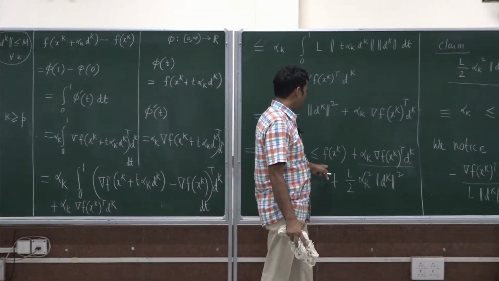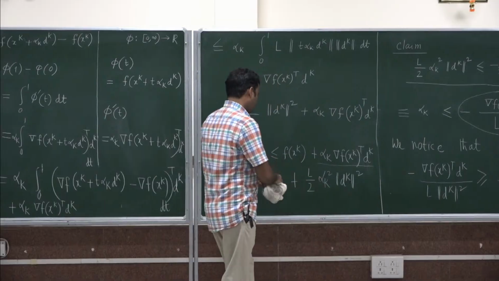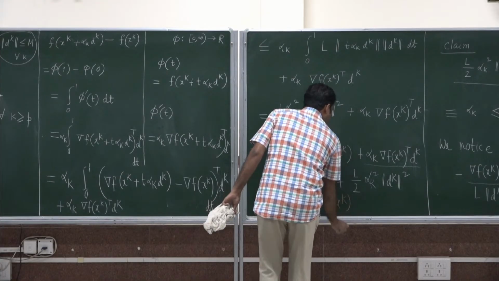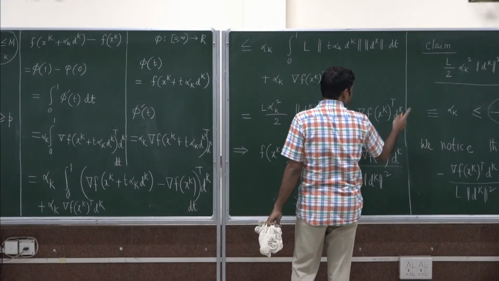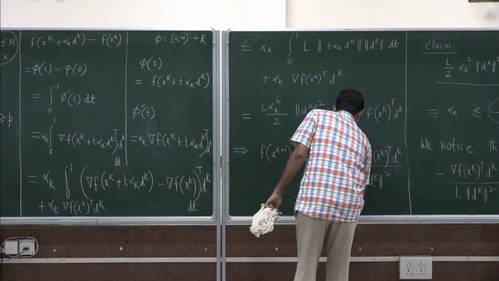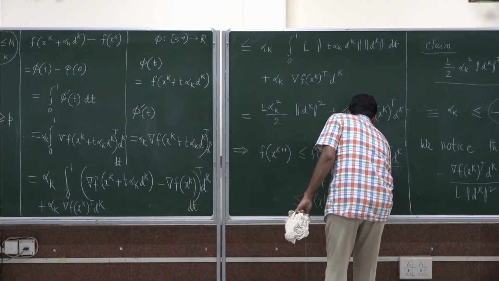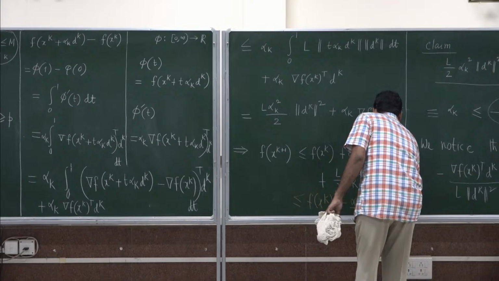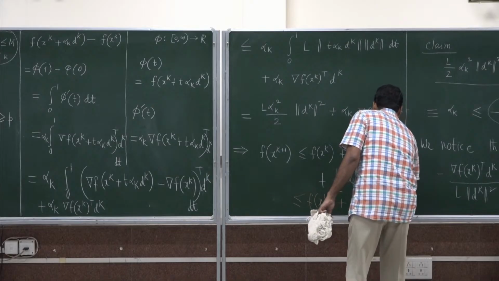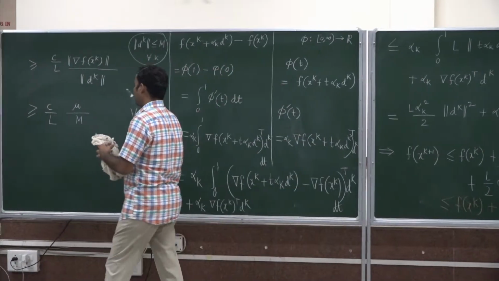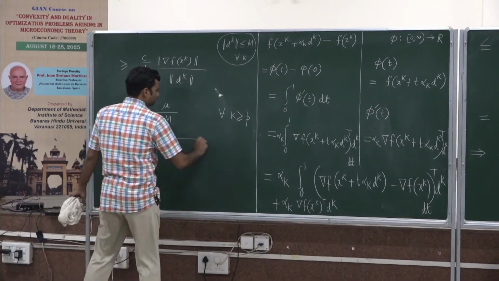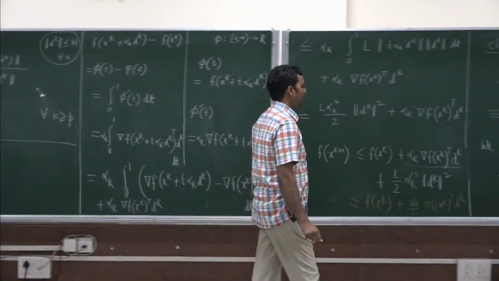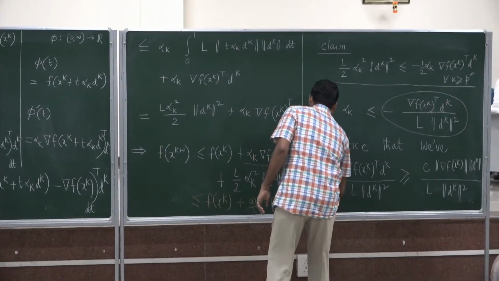And once the claim is validated, we have the following: f(xk+1) is less than equal to f(xk), and this portion I can now replace, since it was less than equal to minus half, so ultimately this is plus alpha k by 2 gradient of f(xk) transpose dk. Now let us play with this inequality. Let us name that inequality 1.